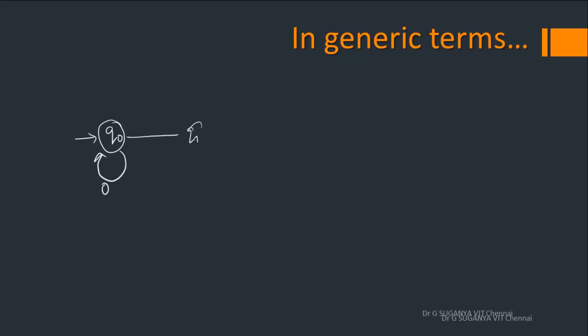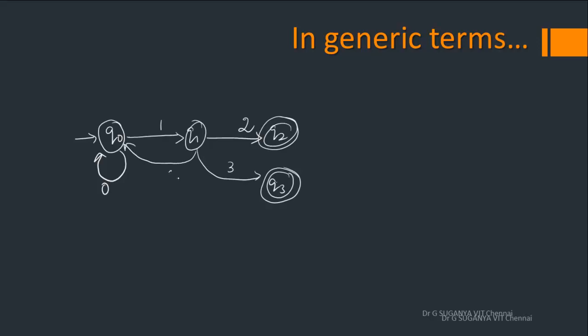Now if I apply input symbol 1, it goes to state Q1. If you apply input symbol 2, it goes to state Q2, and then again if you apply input symbol 3, it goes to state Q3. Suppose if I give input symbol 4, it takes me back to Q0.